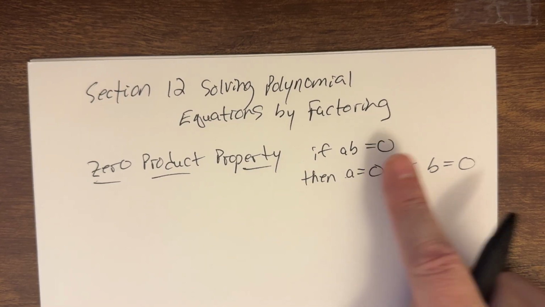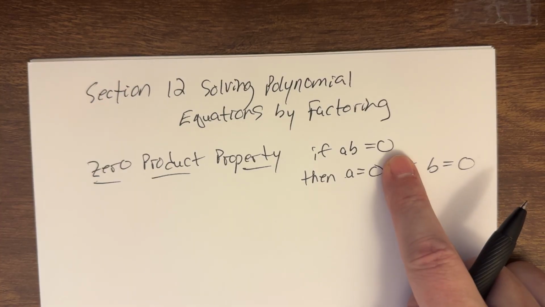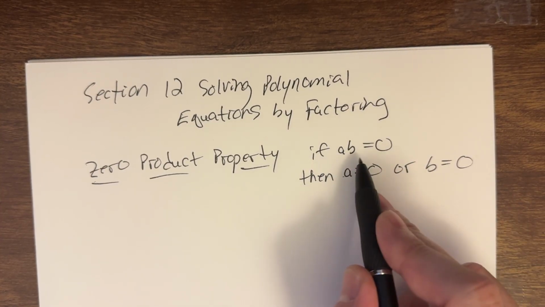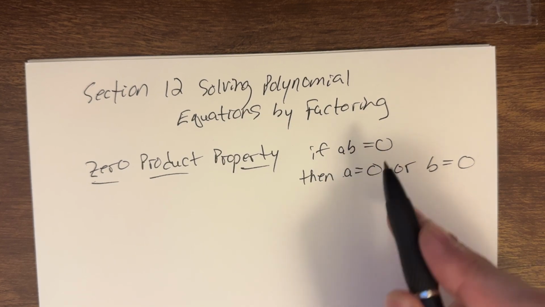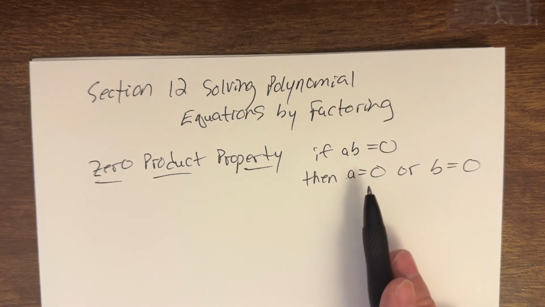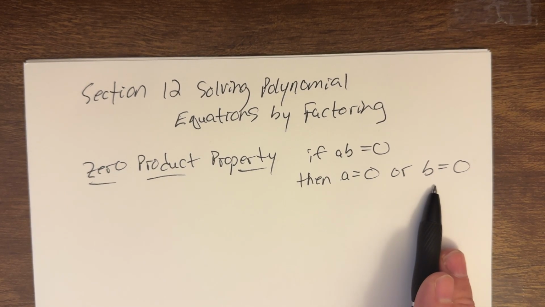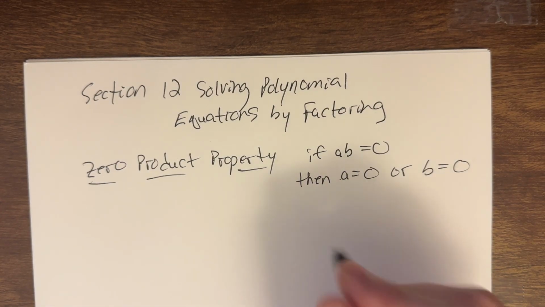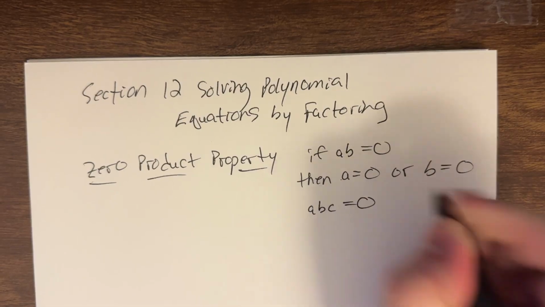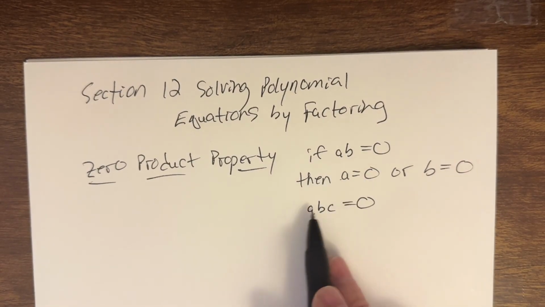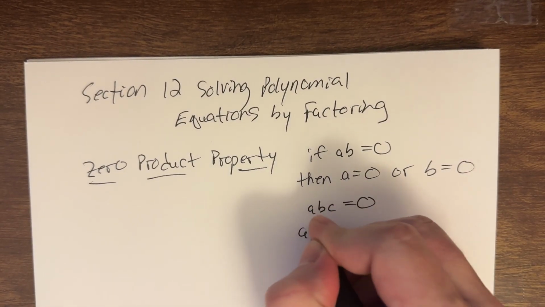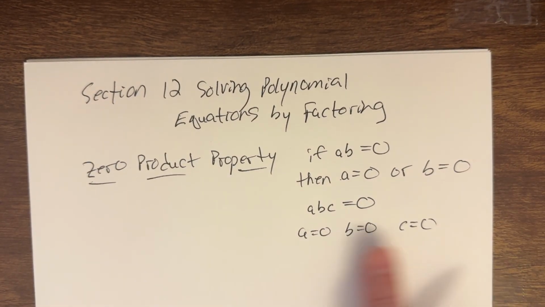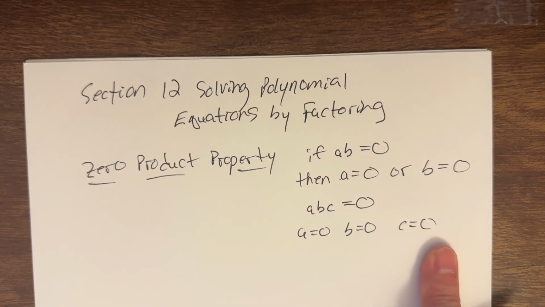So that's the key. If my equation is set equal to 0, and then I could break this apart into factors, things that multiply together, then I will take each of those factors one at a time and set them equal to 0. And our book does it for just these 2 factors, but if it was more, if I had this expression factored into 3 pieces, well then I would set all 3 pieces individually equal to 0.